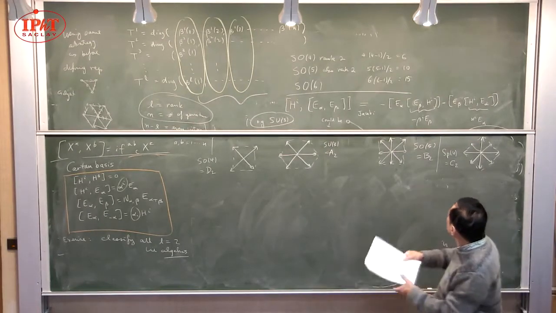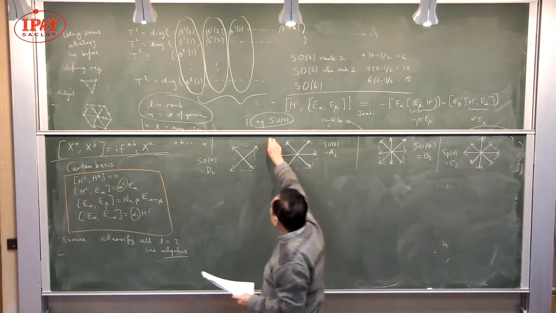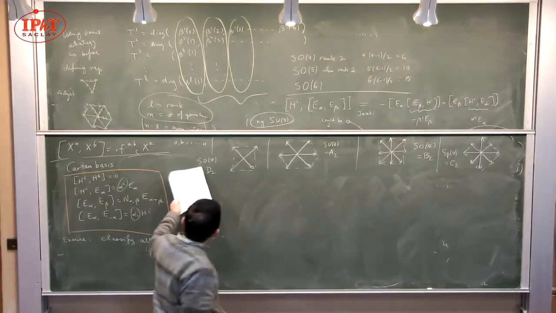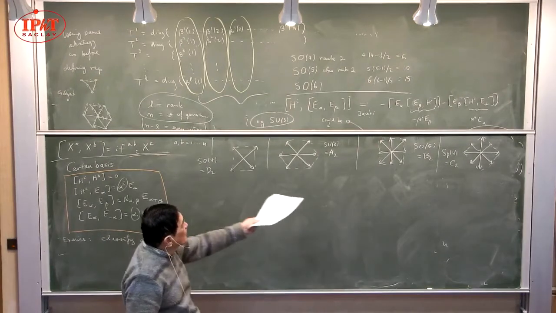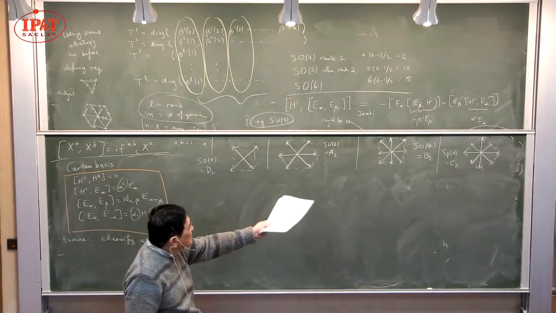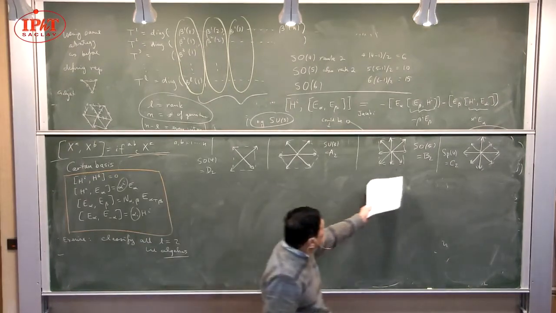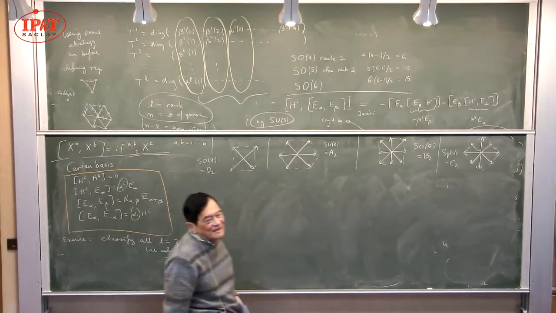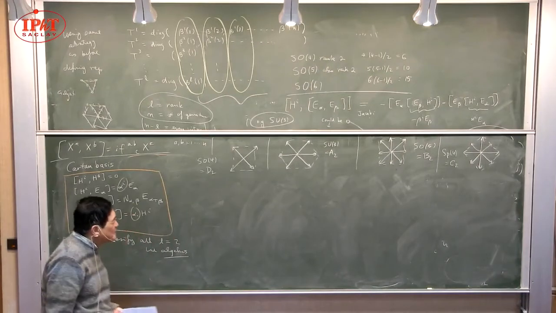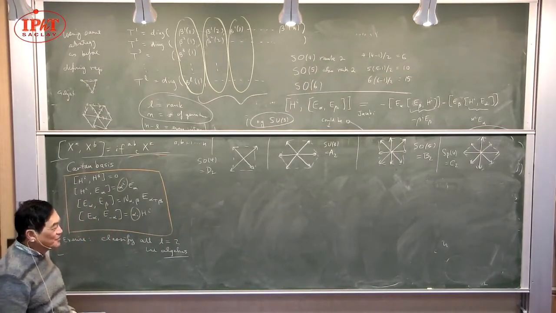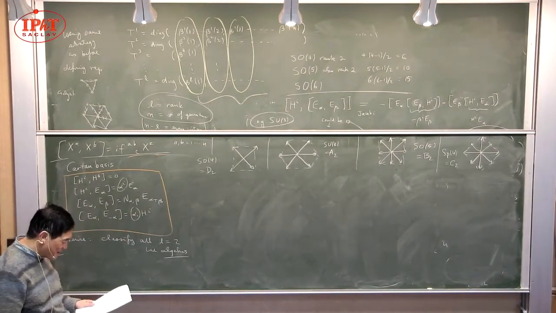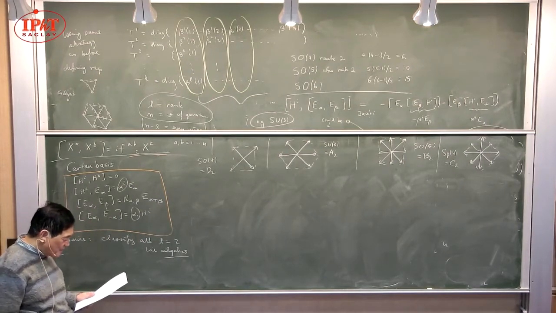And also notice that to mathematicians, SO4 and SO5 are not even in the same family. SO4 is in the D family, and SO5 is in the B family. So actually, mathematicians find physicists very strange. You could put all the SO groups, SO algebras, in the same family, even with the same names.